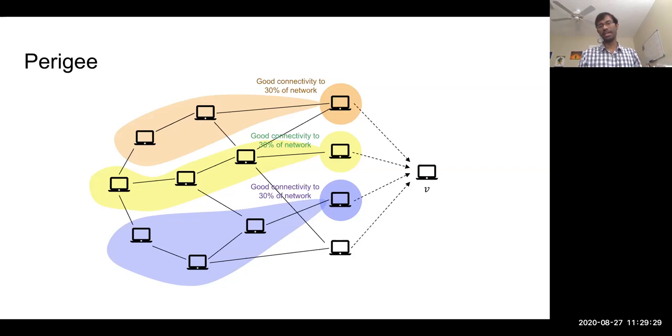The green node can have good connectivity to a different 30% of the network, and it could have terrible connectivity to the others, and so on. But if you look at these three nodes together as a group, they cover like 90% of the network, and regardless of where the block is mined, it's going to reach V very fast. So this is why we want to be assigning scores to groups of neighbors and not just to individual neighbors.